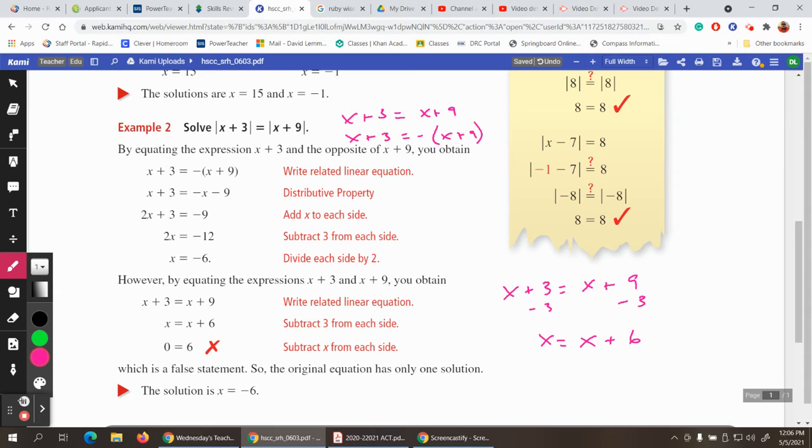Which means that's 1x and that's 1x. Well, they'll cancel each other out, leaving 0 equals 6. Well, that's not true. And so, therefore, there is no value of x that can make these two equal. So the only solution that would work is the negative 6. So it only has one solution.